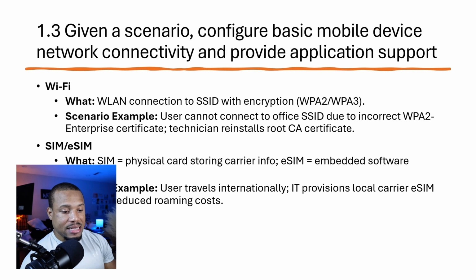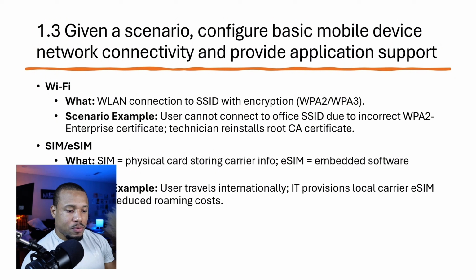Wi-Fi connects a device to a wireless LAN using an SSID and encryption standards such as WPA2 or WPA3. A typical issue might be a user unable to connect to the office Wi-Fi because of an incorrect WPA2 enterprise certificate. In that case, the technician would reinstall the root CA certificate to resolve the problem.